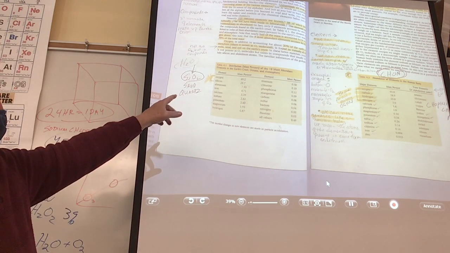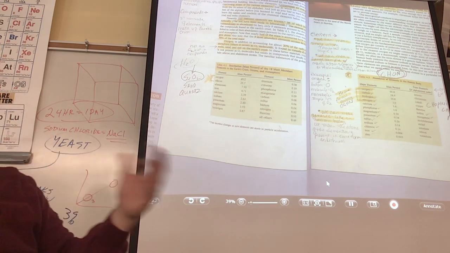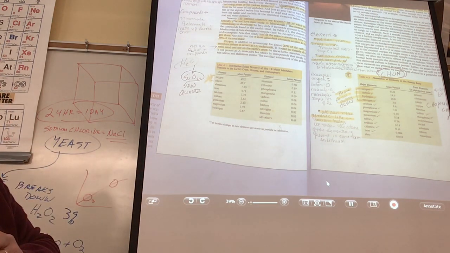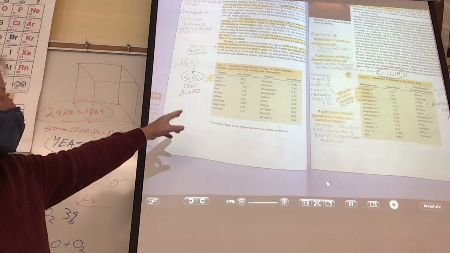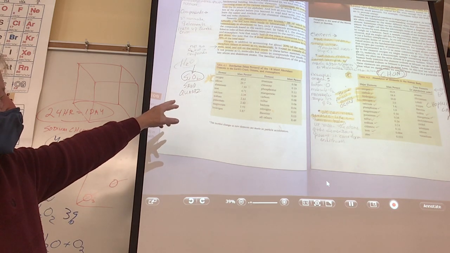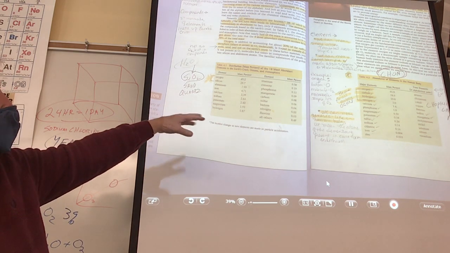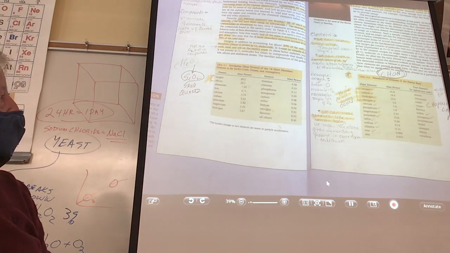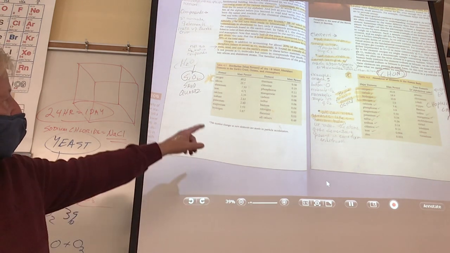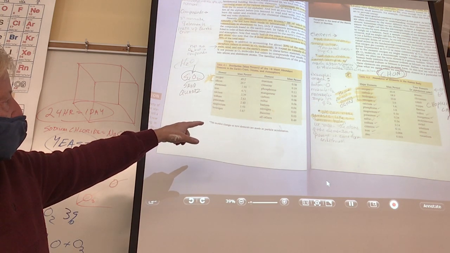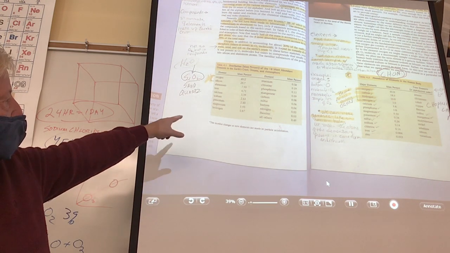Anyway, silicon is all over the planet, okay? And then we have aluminum and iron, and then when you get down here, calcium, sodium. Anyway, these are the most abundant elements on the Earth's crust and the oceans. And hydrogen's up there. Where's hydrogen? It's the last one. Oh, there it is. Okay.